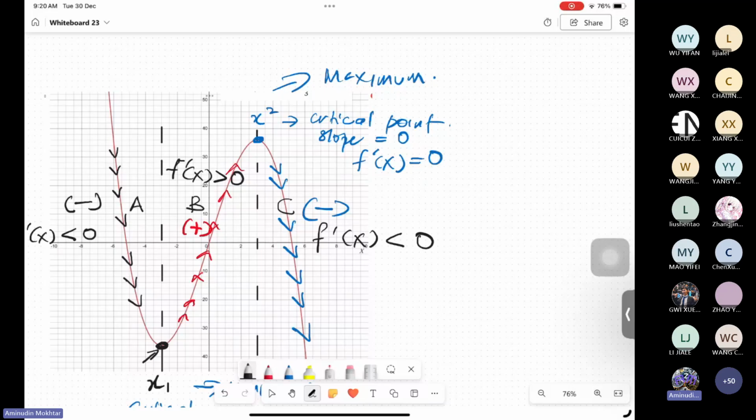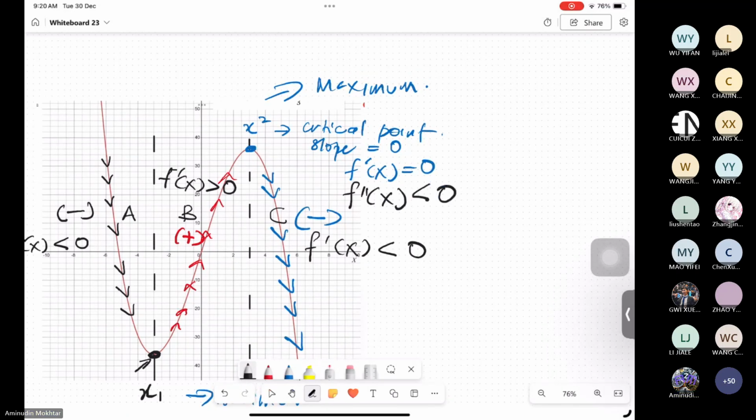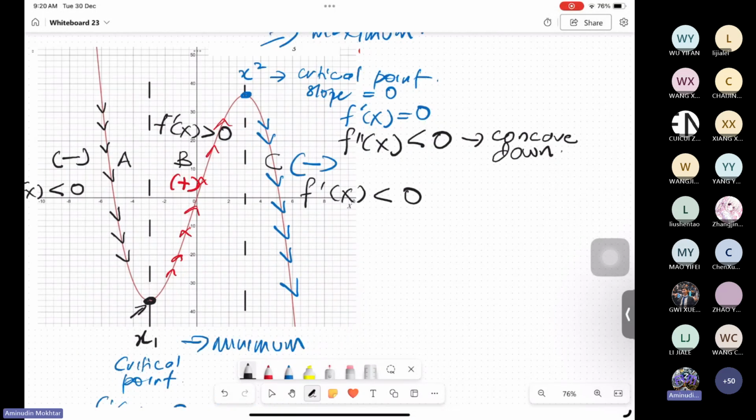So in terms of dy/dx, the second derivative of f(x) must be negative, if you refer to this concave down. The graph is concave down. So that shows that if the first derivative is 0, the second derivative is negative.